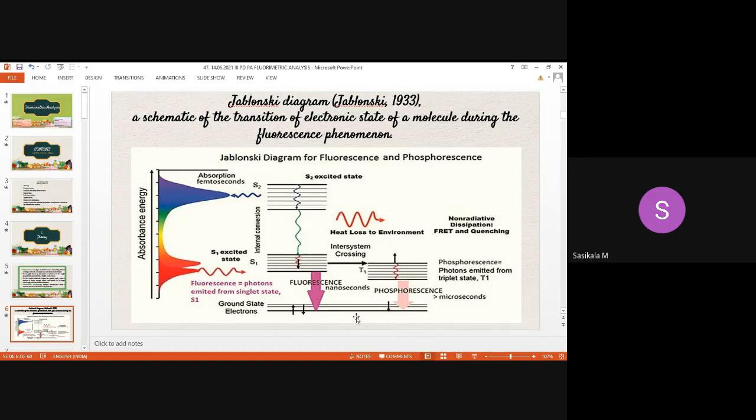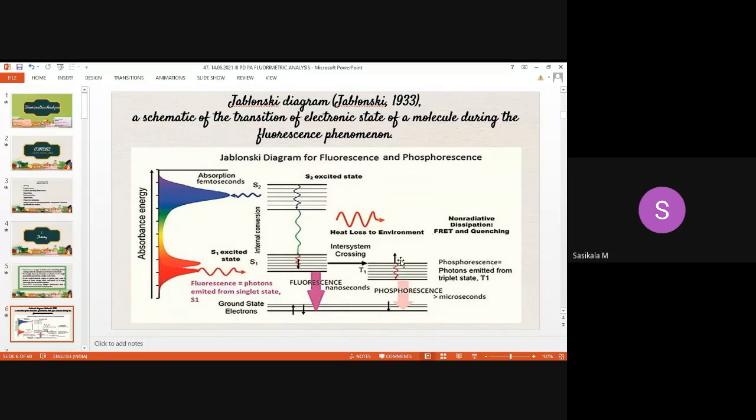So this is what is called fluorescence and phosphorescence. In the ground state the electrons are paired with opposite spin. In the excited state they become unpaired, but the spin is not changed.